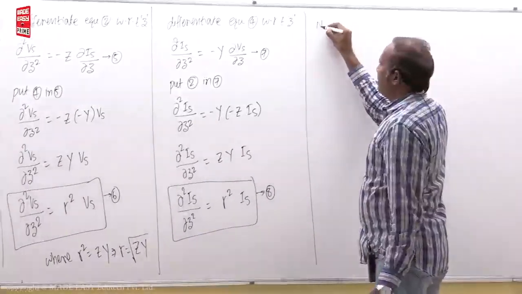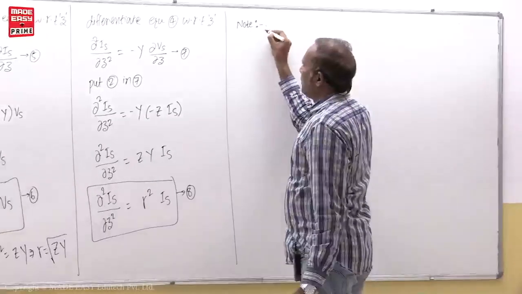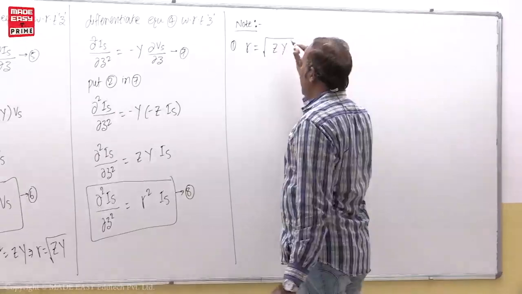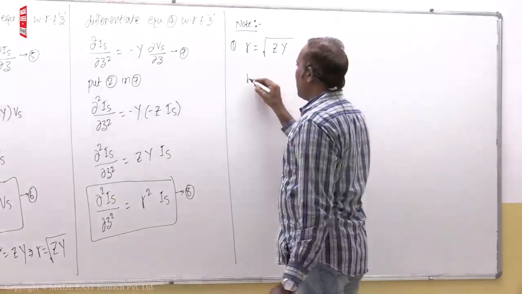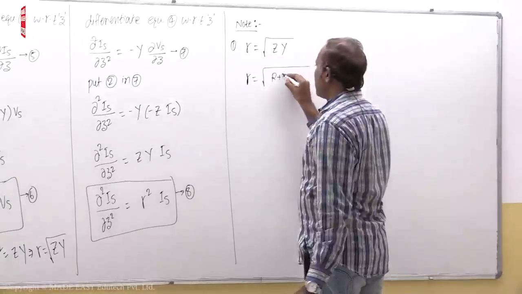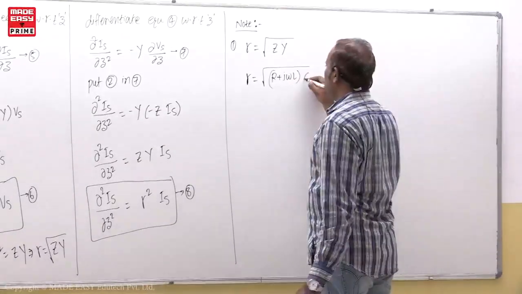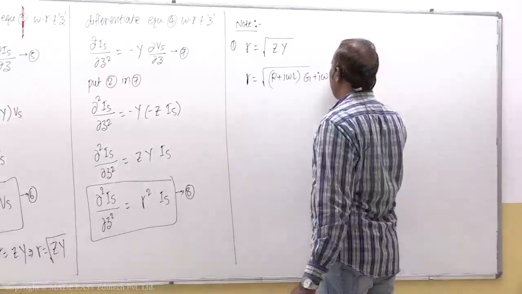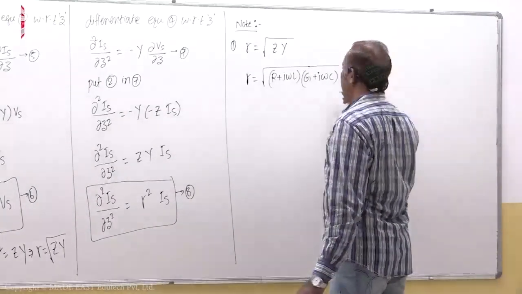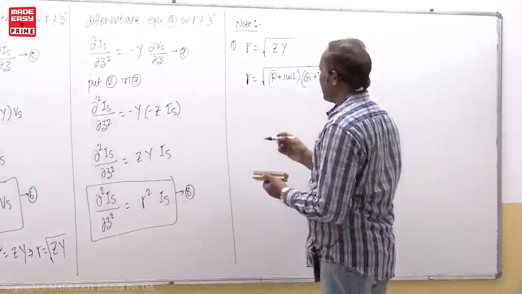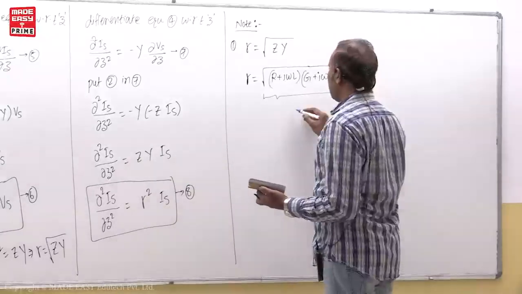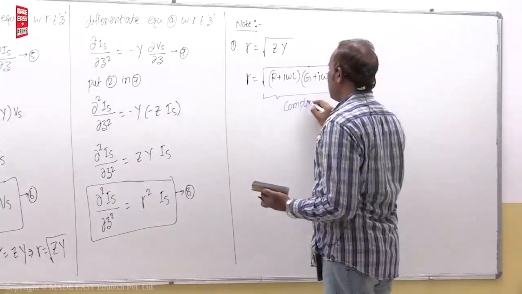So here gamma is equal to root zy. So gamma is equal to root of R plus j omega L and G plus j omega C, and ultimately the unit is 1 by meter. So gamma is actually a complex.